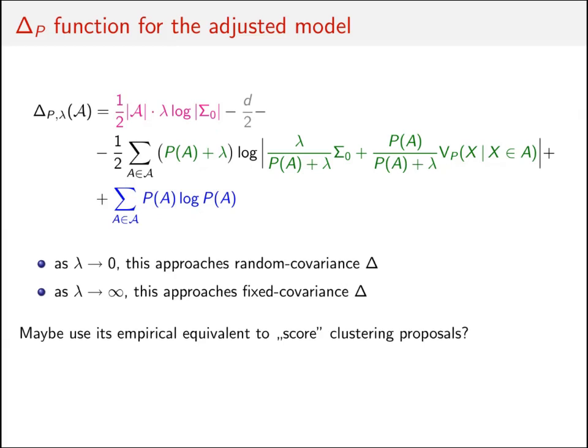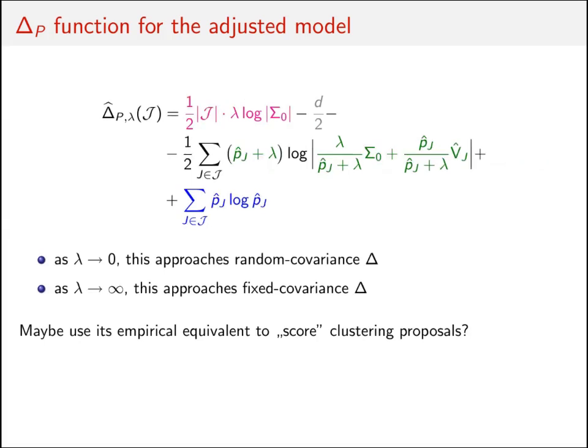And this final application idea I'd like to end with is the following. I have this function, and I know that it should somehow be connected to a scoring function, from the model, scoring a partition. From the model, I can expect that maybe the higher it is, the better the partition is in terms of my modeling assumptions. So the idea is to use the empirical equivalent of that one to score clustering proposals given by different well-known clustering procedures like k-means.